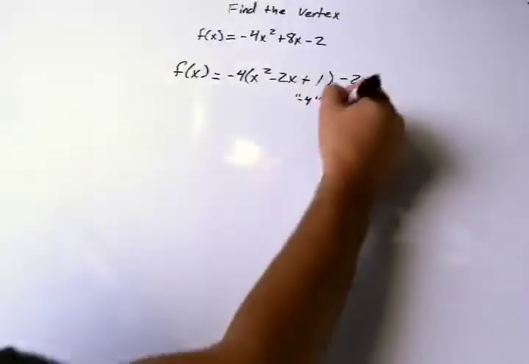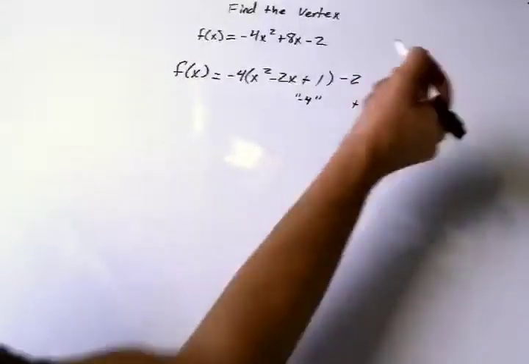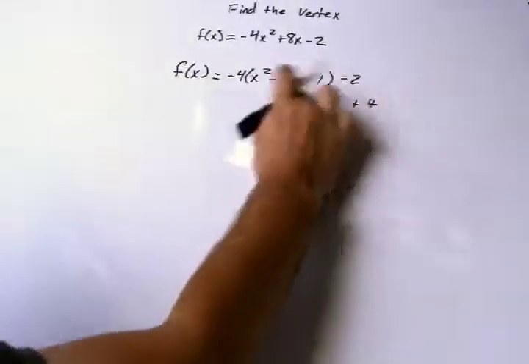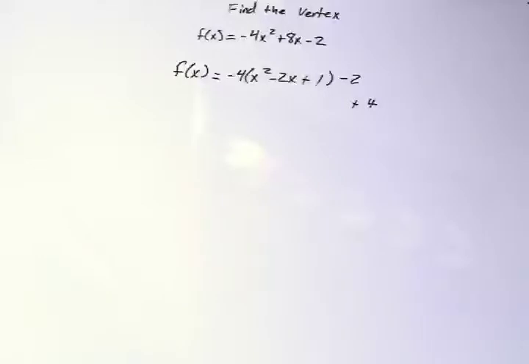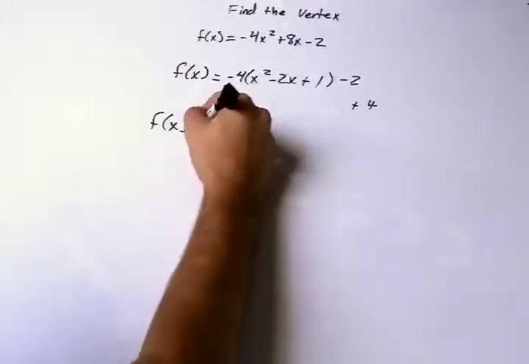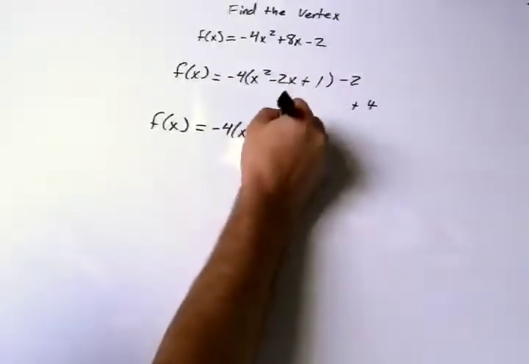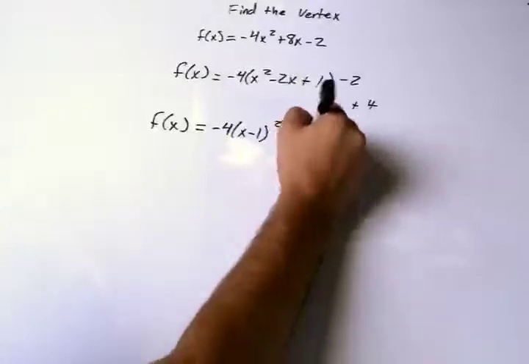So to keep it balanced, why don't I add in the same thing that I subtracted? So that's what I'm going to do. I'm going to add 4 on the outside of the equation. Now let's simplify that a little bit. This gives me f of x equals negative 4 times x minus 1 squared plus 2.